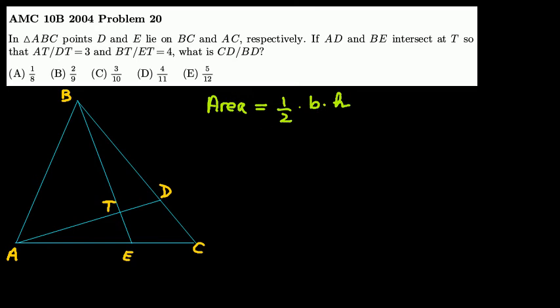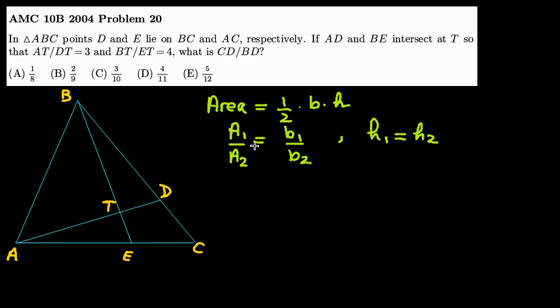So let's write this down. The area of triangle 1 divided by the area of triangle 2 is just the base of triangle 1 divided by the base of triangle 2, if h1 is equal to h2, and that just follows from the formula for the area.